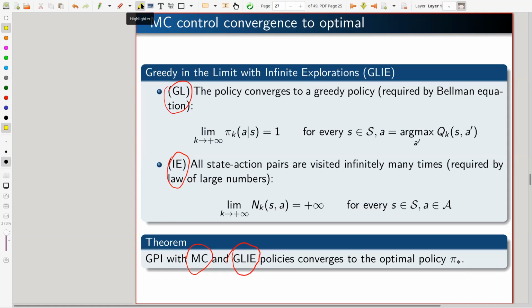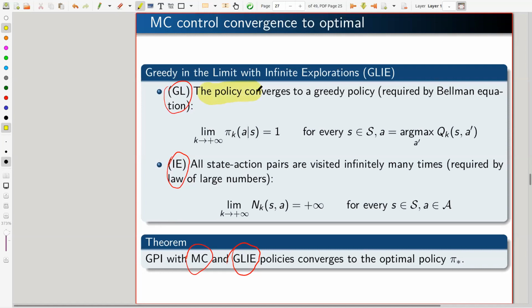Greedy in the limit. Come on, the optimal policy is greedy. And if your family of policies used for the improvement step doesn't converge toward a greedy policy, you can't get the greedy optimal policy, of course. This is compulsory.